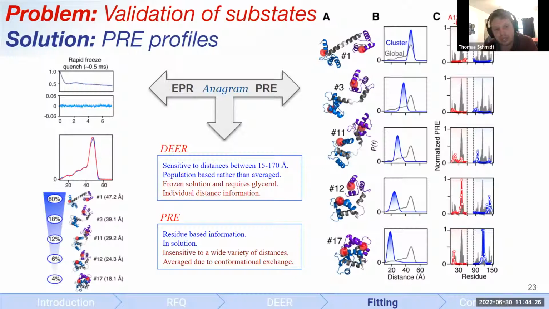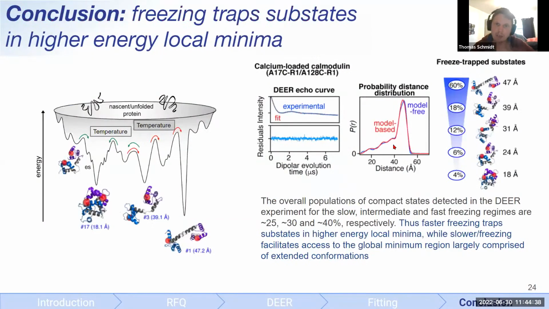So we're pretty comfortable saying that those captured distances mirror the substates which are present even in solution NMR. And just to recap the entire setup, we wanted to look at what substates are present along the energy profile of calcium-loaded calmodulin.